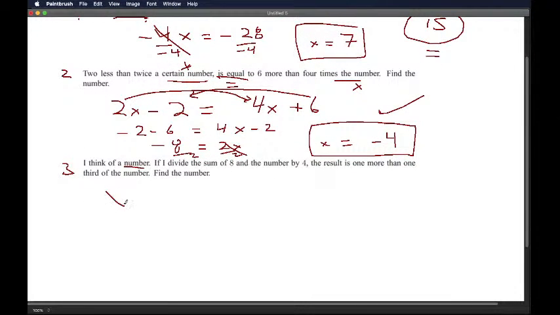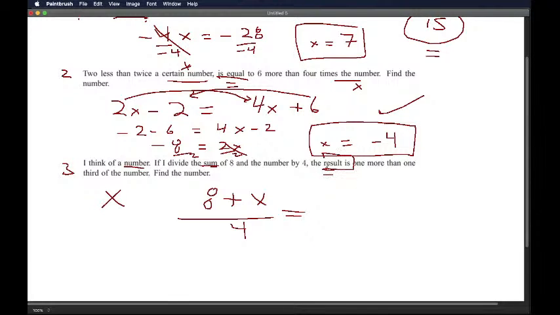I think of a number. Fine. Here's our number. I'm thinking of it. If I divide the sum of 8 and the number by 4, so if I divide sum meaning addition, right? So the sum of 8 and a number by 4, if I do that, if I divide the sum of 8 and the number by 4, the result is, so here's my equal sign, right?